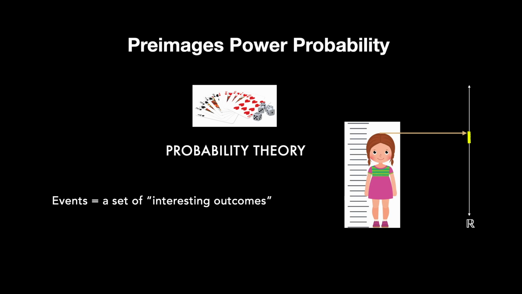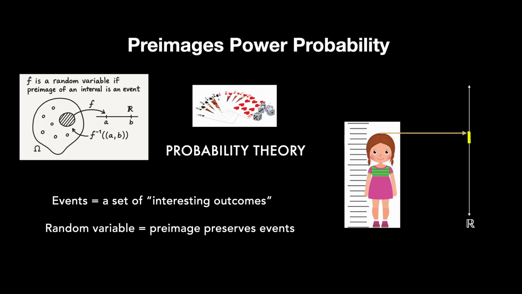Preimages let us pull back those intervals through the measurement, turning them into real-world events. That's what lets us say the chance that the height of this girl is between 2 and 3 units is the same as the probability of all outcomes that map into that interval. And this is the definition of a random variable, a function whose preimage of every interval is an event. And in the end, that's what makes probability work.